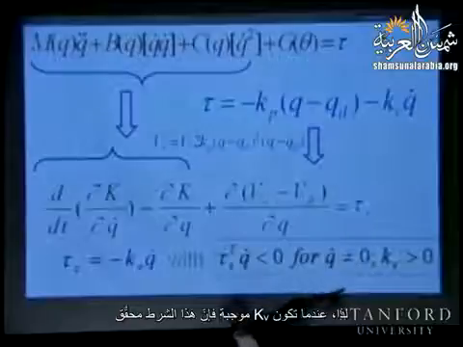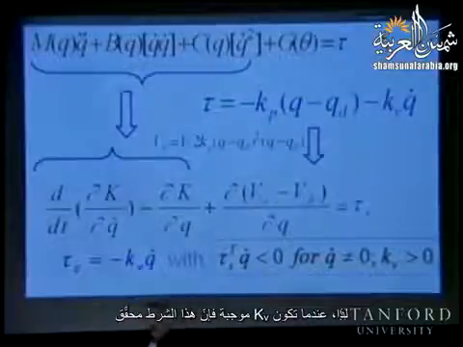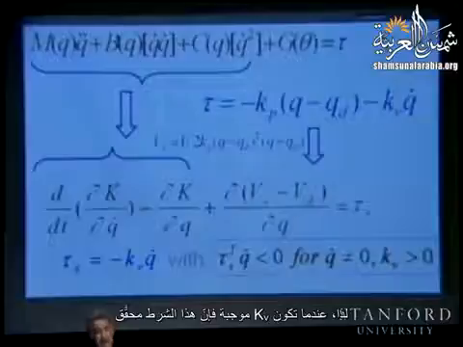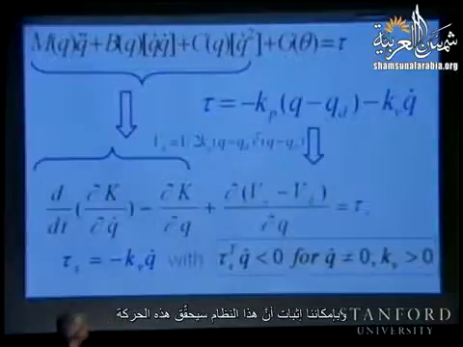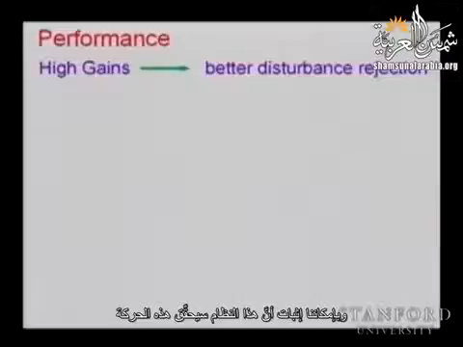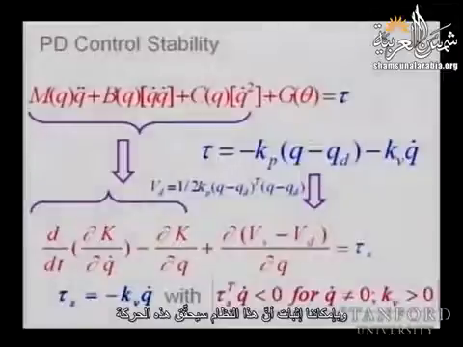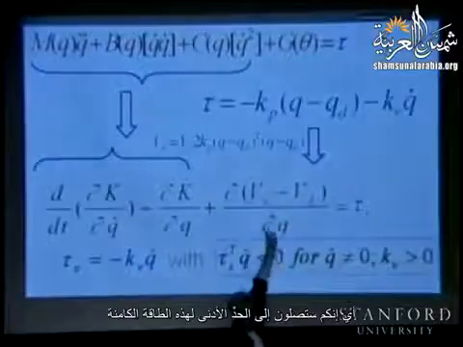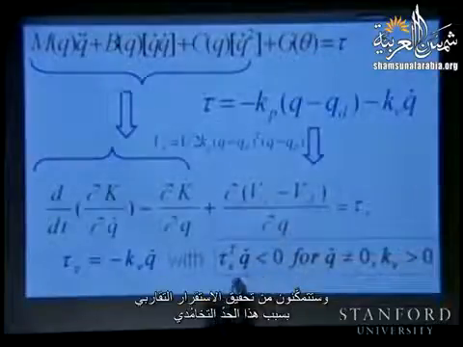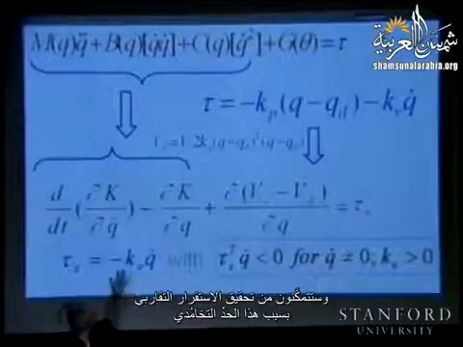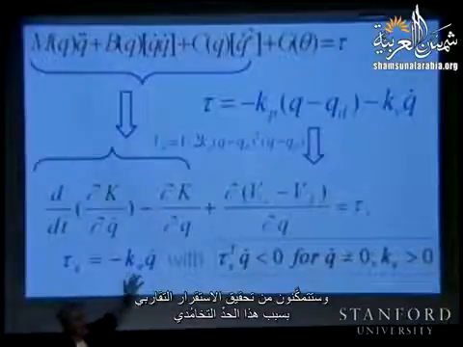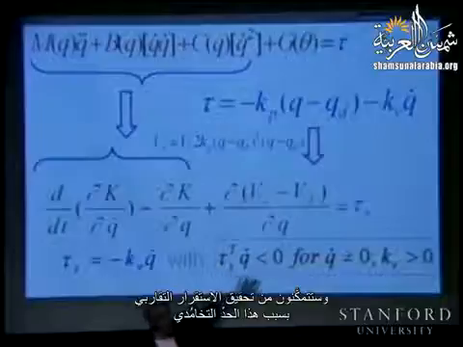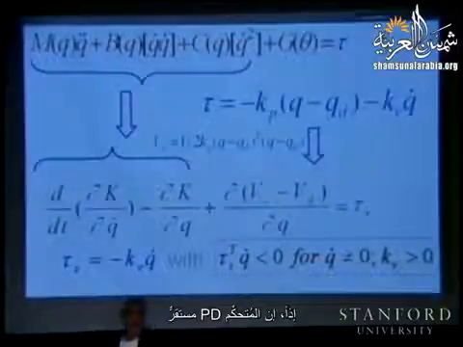As long as your Kv is positive, this condition is satisfied, and we can show that this system is going to go to the minimum of that potential energy, and because of this damping term, you are able to asymptotically stabilize your system. So yes, a PD controller is stable.